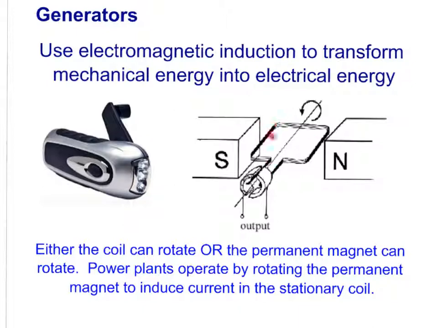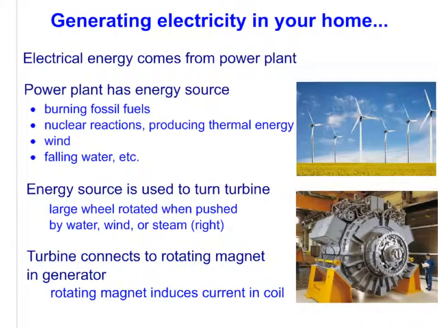We can make this coil rotate mechanically, or we can rotate the permanent magnet around it. Large power plants usually operate by rotating the permanent magnet, and that's how they induce the current in the stationary coil.